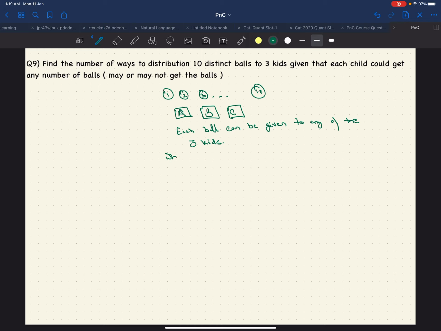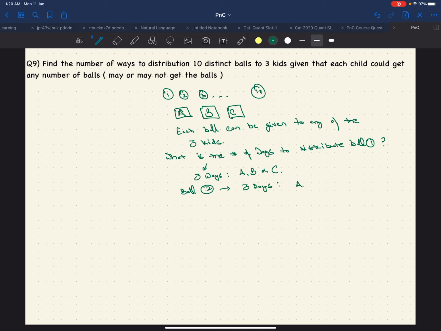So what is the number of ways to distribute ball 1? There are clearly 3 ways: A, B or C. Similarly, for ball 2, again there will be 3 ways.